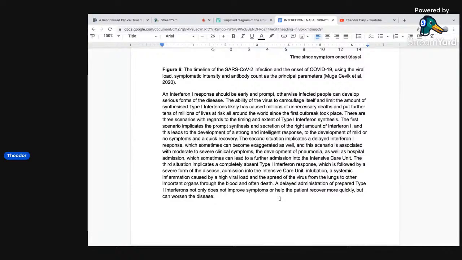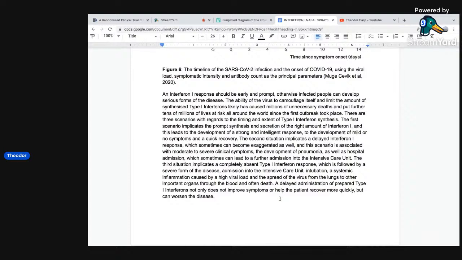The first scenario includes a robust response of type 1 interferon and a large quantity of synthesized interferons which travel to a multitude of cells that facilitate signaling to important immune components from the innate immune system, like natural killer cells and macrophages, as well as dendritic cells, all the way to the adaptive immune system, including B cells, plasma cells in this case, and the cytotoxic T cells with CD4 plus helper cells, which help antibodies have a proper response against the virus.